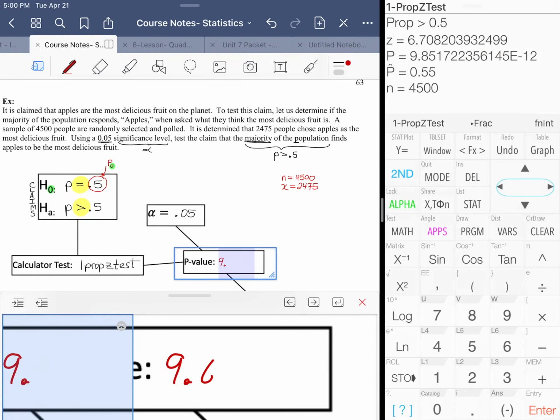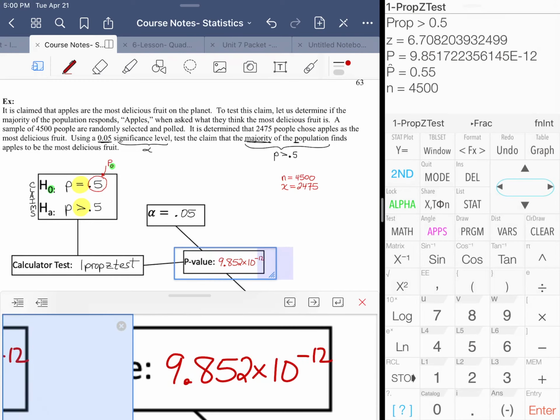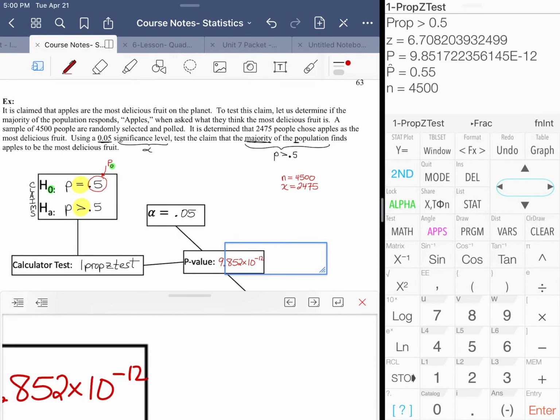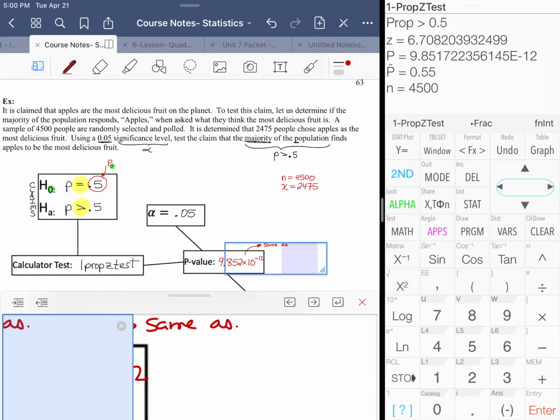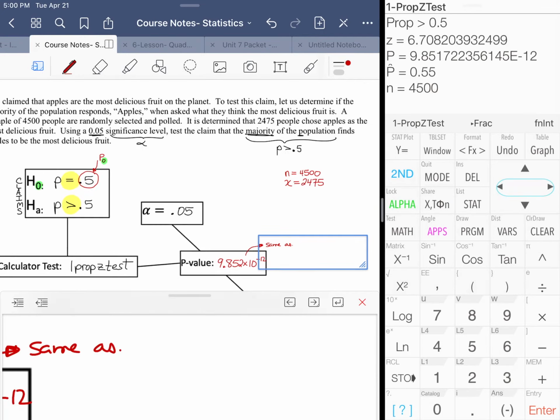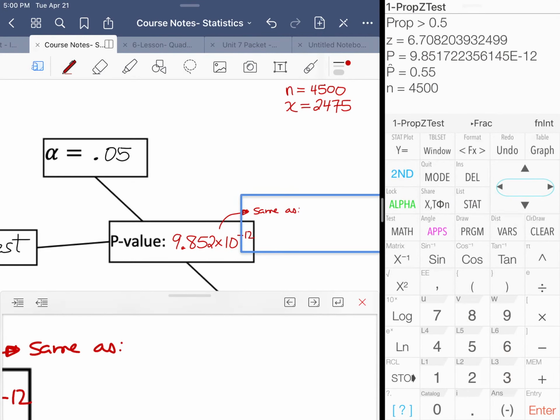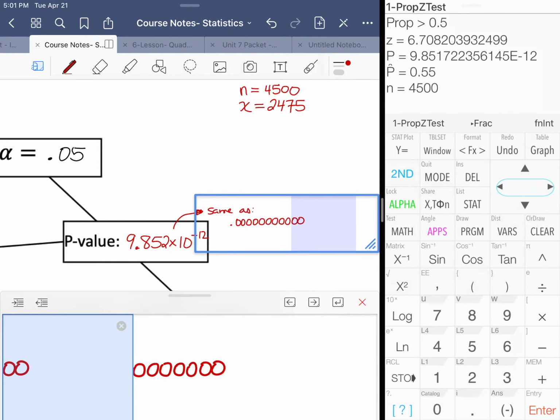So 9.852 times 10 to the negative 12th power. Again, that E negative 12, that's all that means. So in decimal form, this is the same as 0.000000000009852.